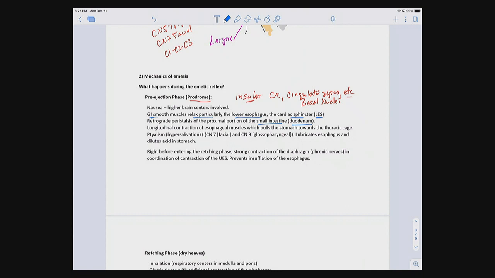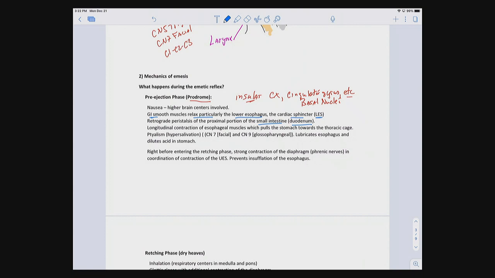So why would that be the case? Well, the contents of your stomach are very acidic, so you have very low pH. When the gastric content of the stomach goes into the duodenum through the pyloric valve, the small bowel, starting with the duodenum, is not designed to handle that level of acidity found in the gastric contents of the stomach.